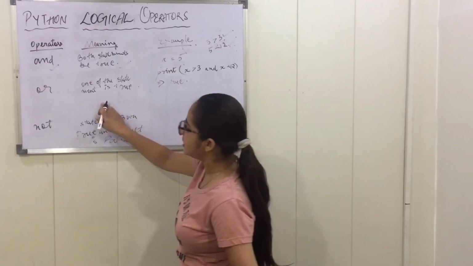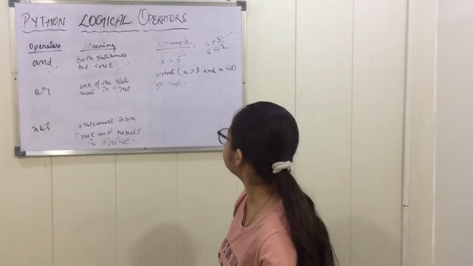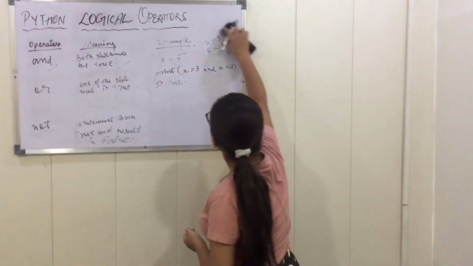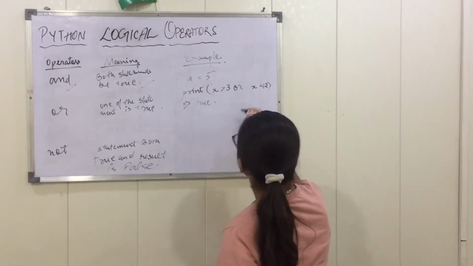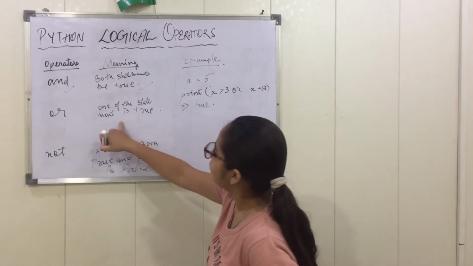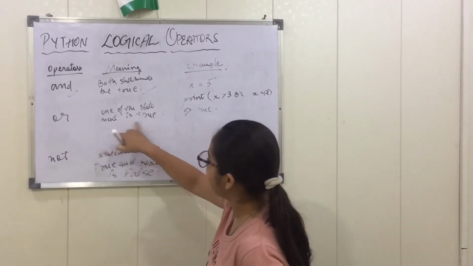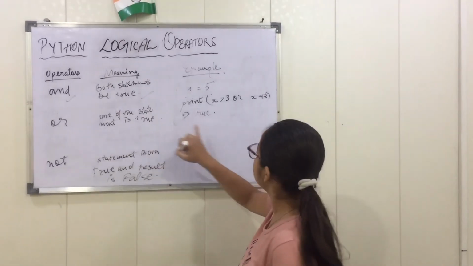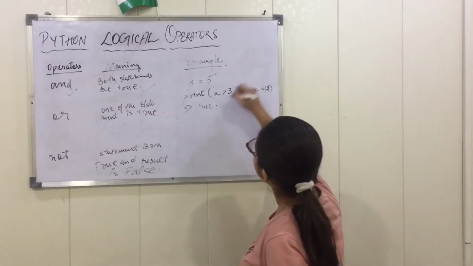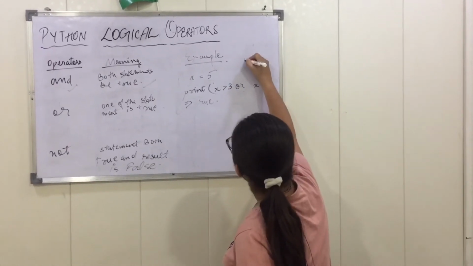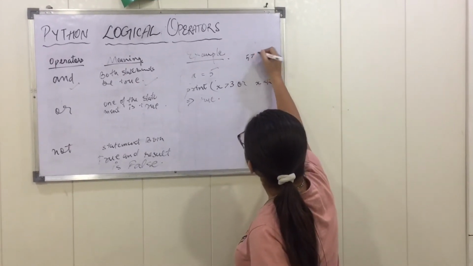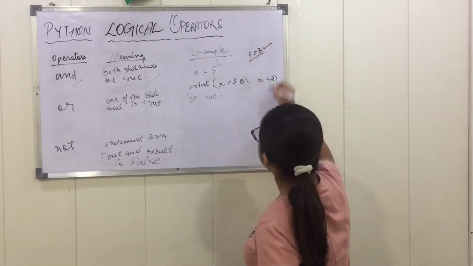The next example is OR. In the OR statement, if the first statement is correct or the second statement is correct, the result is true. As x's value is 5, the first statement, 5 is greater than 3, is true.